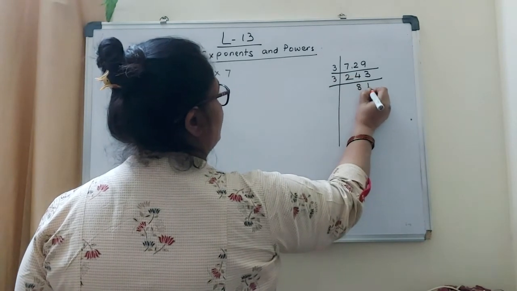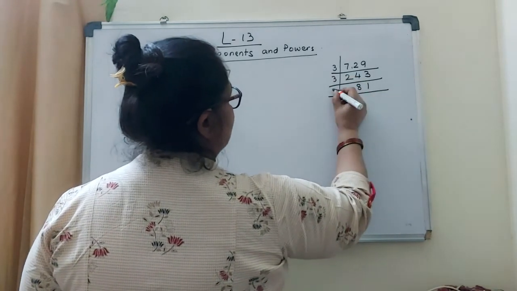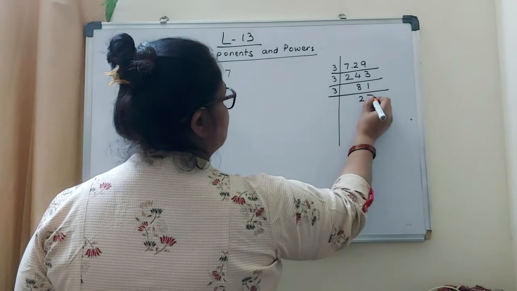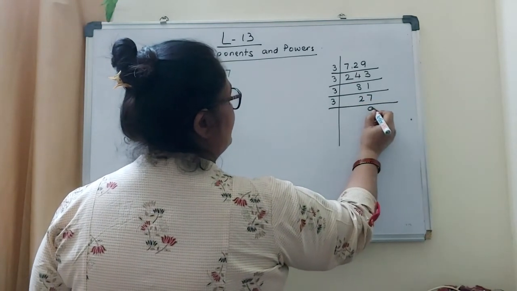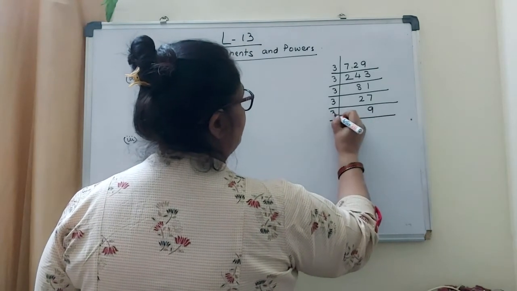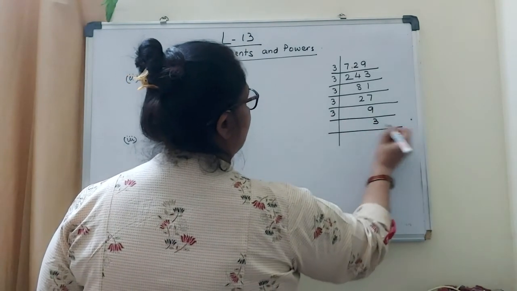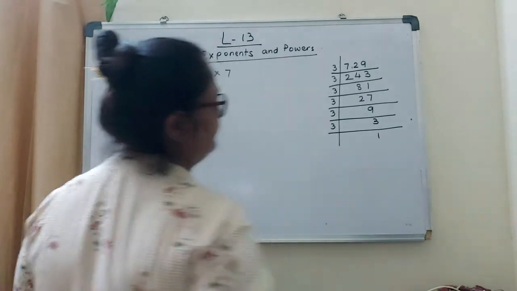8 threes are 24. 3 ones, 3. 3 twos are 6. 3 sevens... 3 nines are 27. 3 threes are 9. 3 ones are 3.